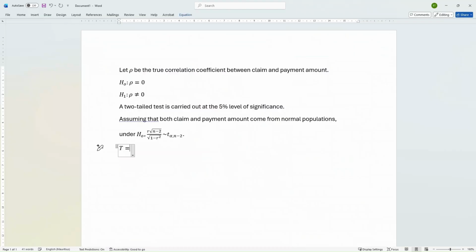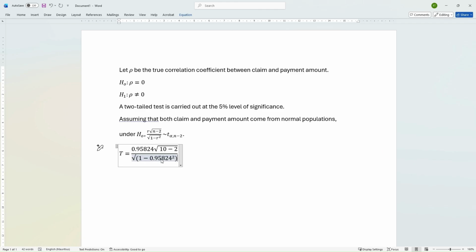So we'll say that our computed t is equal to 0.95824 times the square root of 10 minus 2, as you recall that n is the sample size here, which is 10, and then the whole thing you divide by the square root of 1 minus r squared, 1 minus the value here squared.